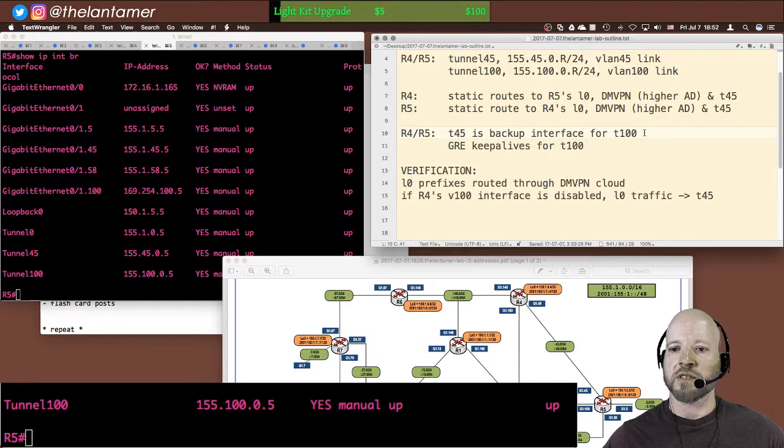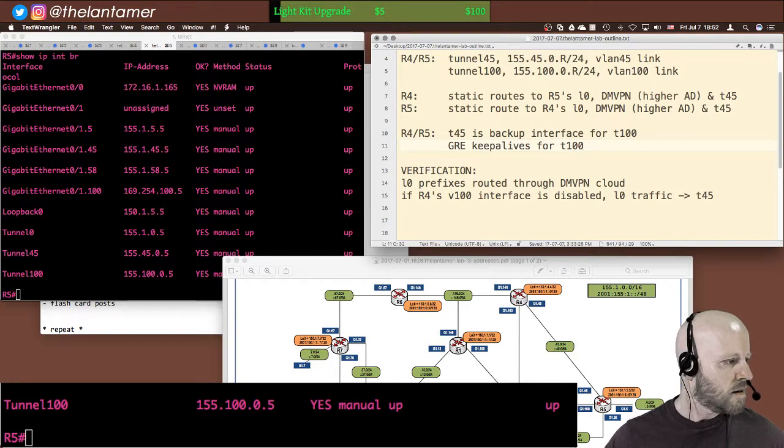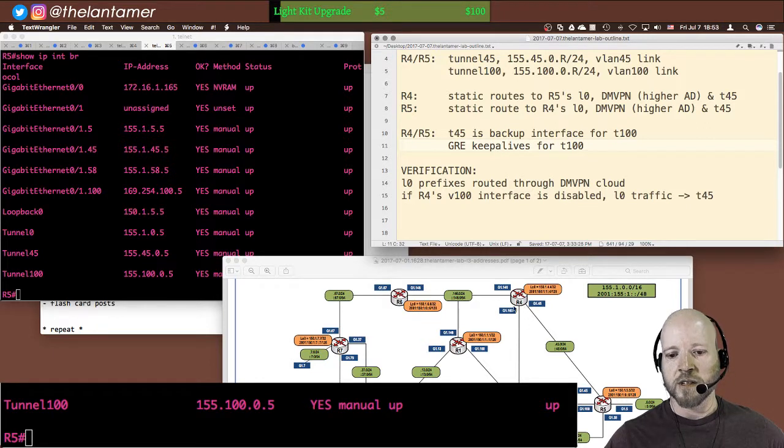But when we configure this as the backup interface, that tunnel interface will shut down. We've got two tunnels here. And then if this interface goes down, traffic will route through it then.